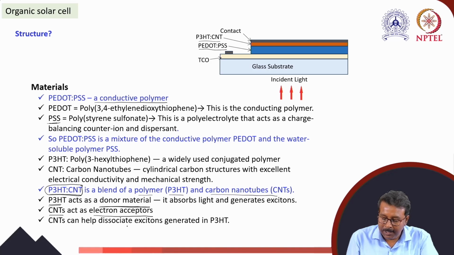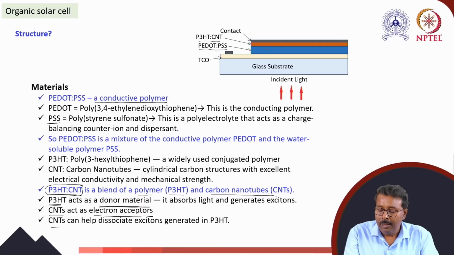CNT can help dissociate excitons, because the acceptor accepts the electrons and the hole remains with the donor. The excitons are generated in the PEDOT:PSS and are dissociated and separated in the P3HT-CNT.